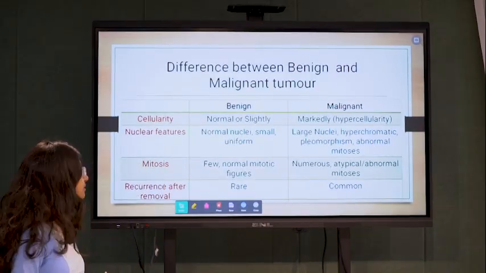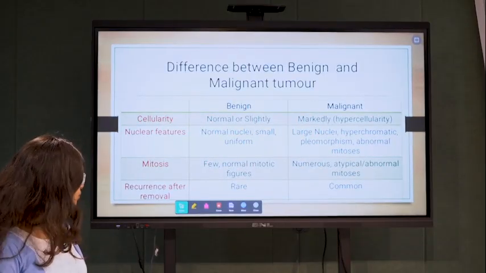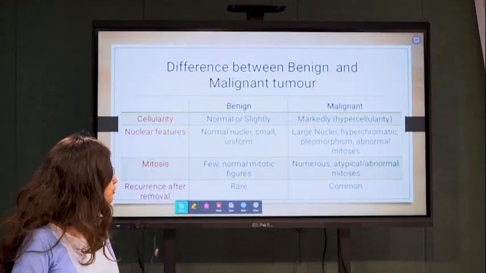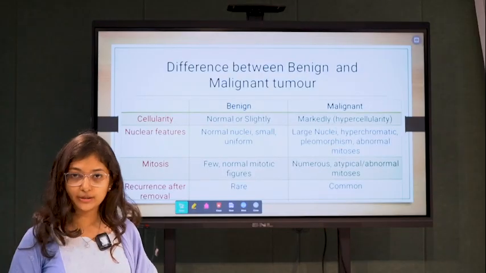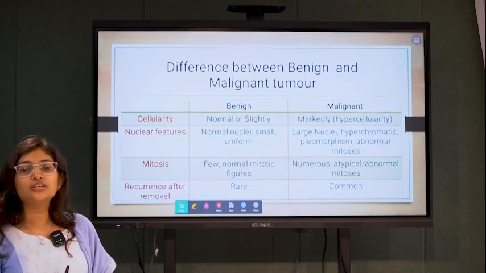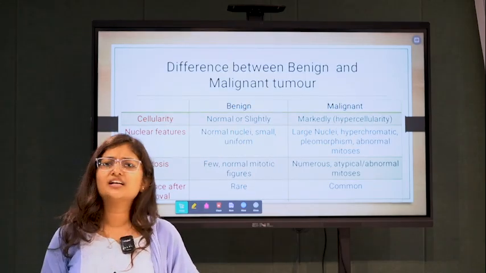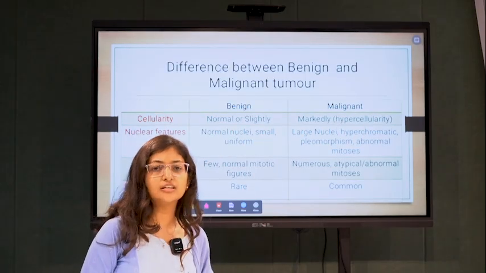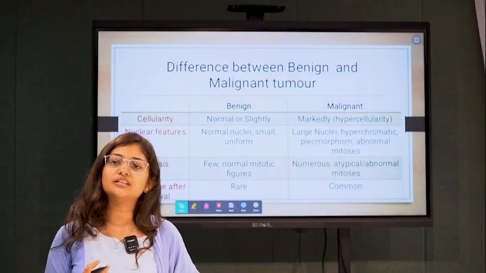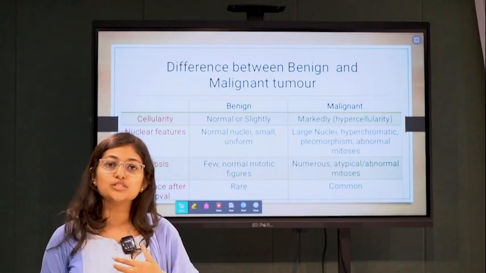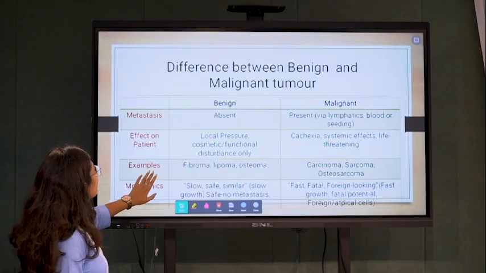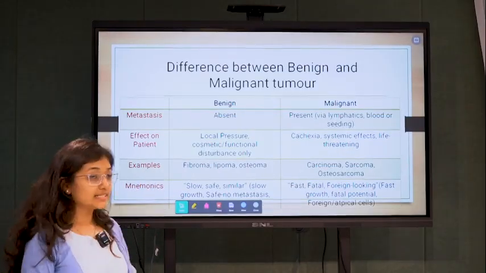Whereas in benign there are few normal mitotic figures, in malignant there can be numerous atypical or abnormal mitoses. Recurrence after removal: after the removal of benign tumors, they rarely recur, but malignant tumors most commonly recur as the proliferation of the tissue is more. The other difference is metastasis.